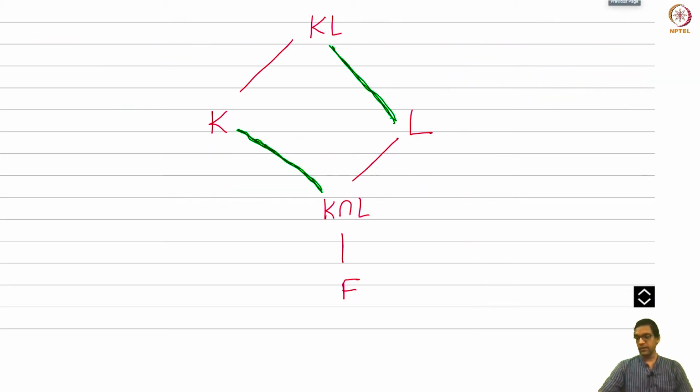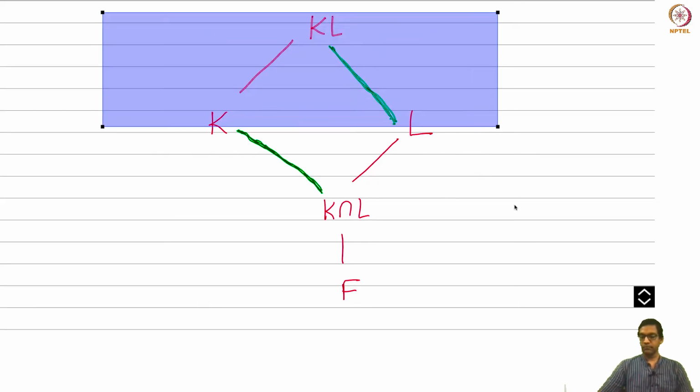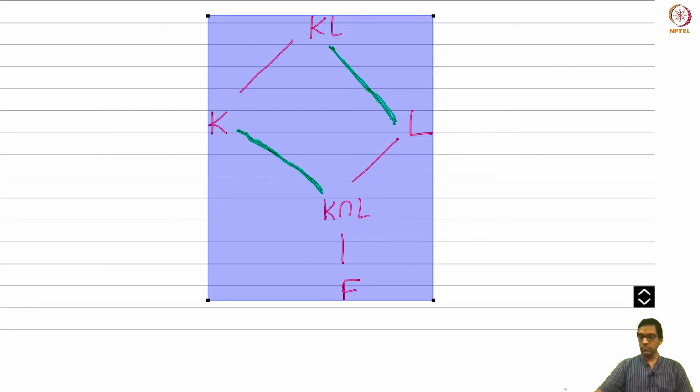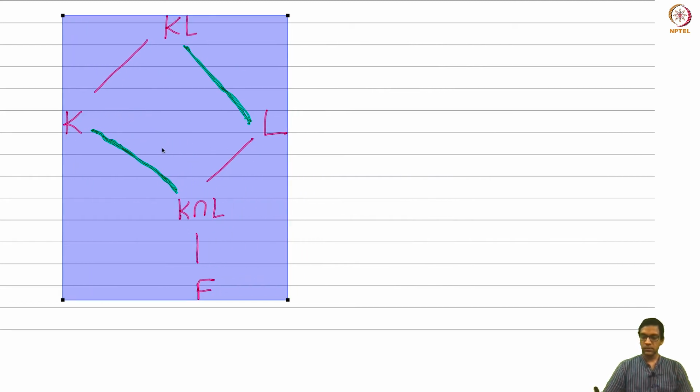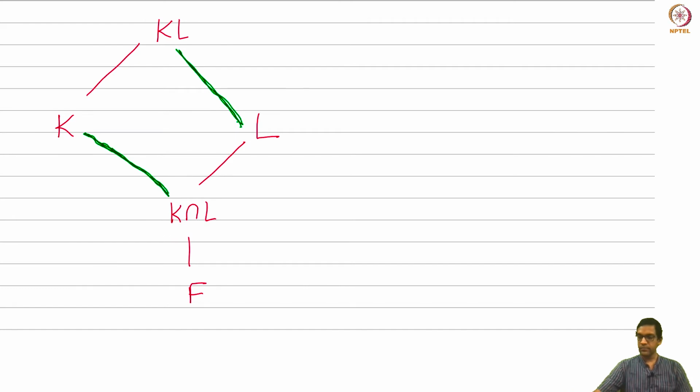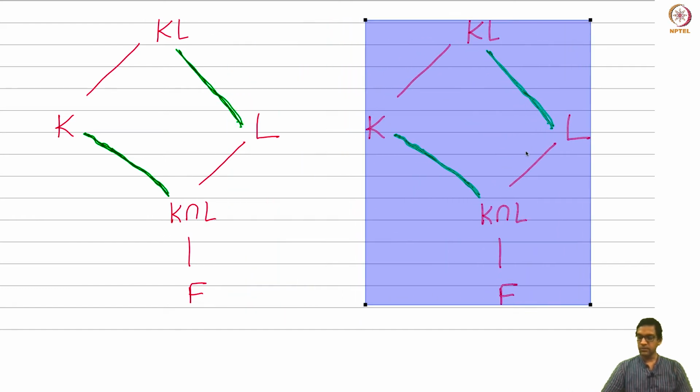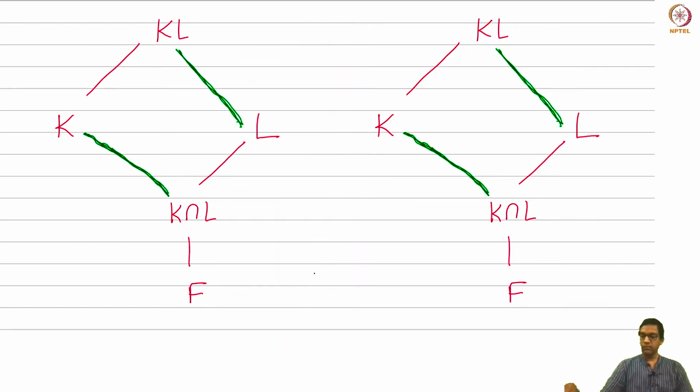So let's go back up here. So this is really your picture. So let's take KL here. Let's make another copy of this diagram. So this is KL to KL. And what is sigma?